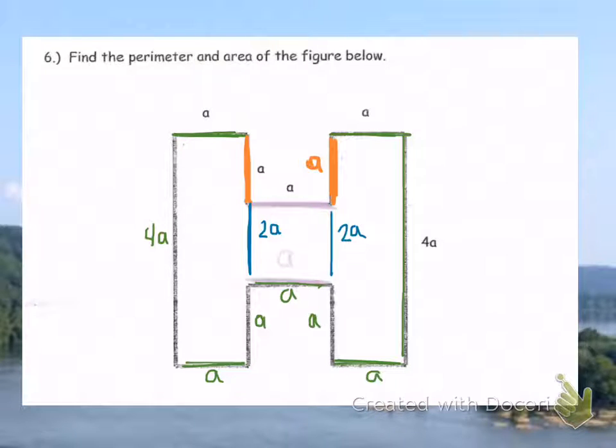Let's take a look at perimeter. To find our perimeter, we're just going to add our way around the shape. And so for perimeter, I have the two long sides of 4A and 4A.